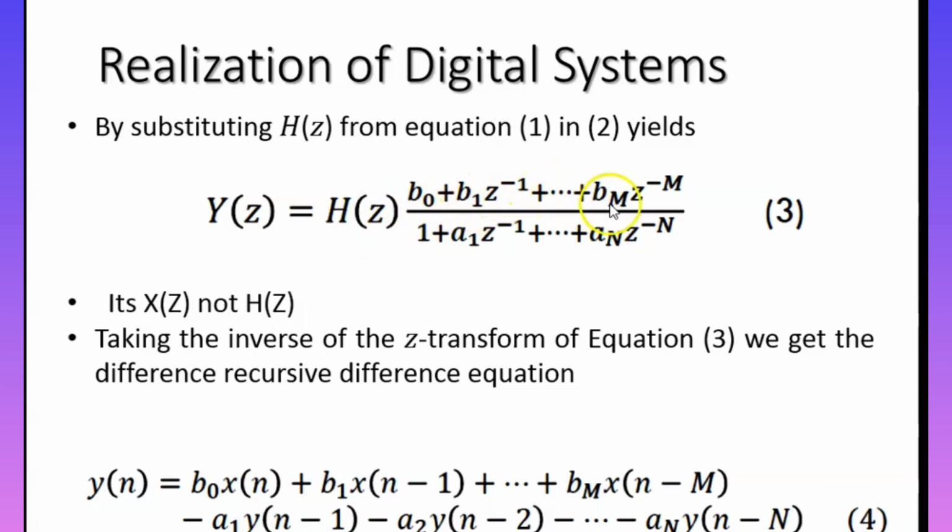If I bring the denominator terms to the left hand side, you will get y(n) plus a1 into y(n minus 1) and so on up to an into y(n minus N), which is equal to b0 into x(n) plus b1 into x(n minus 1) up to bm into x(n minus m).